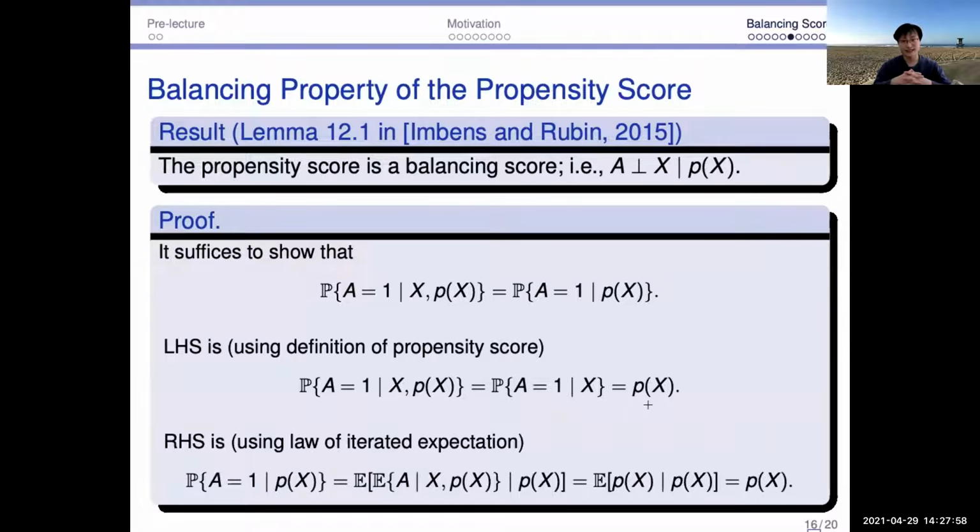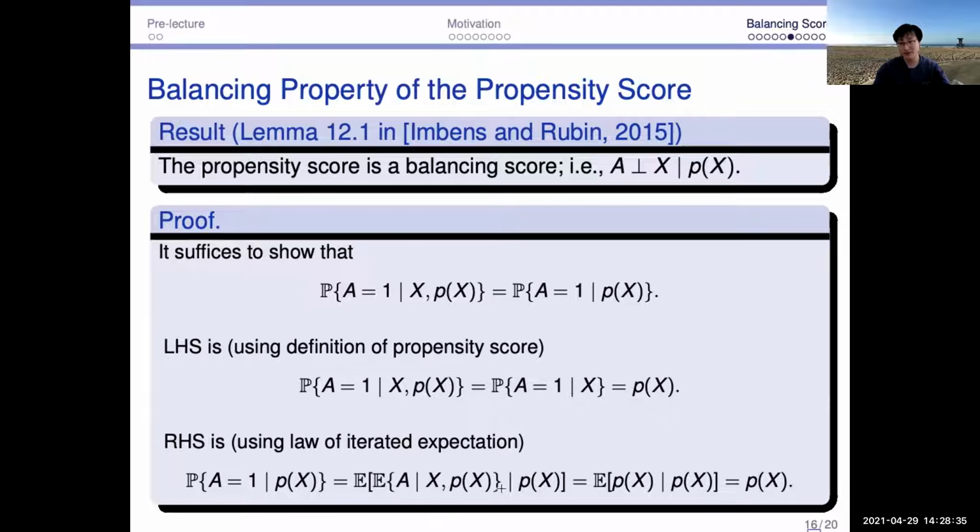Now let's look at the right-hand side. We can use the law of iterated expectation to get X in the inner expectation. From here, we get iterated expectation, conditional on P of X and X. And now the inside, as we have shown previously, is just the propensity score, because the inside is the left-hand side of the equation.